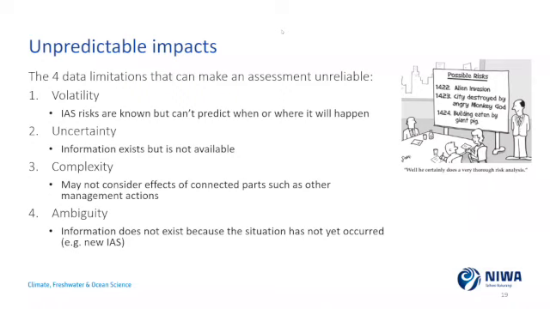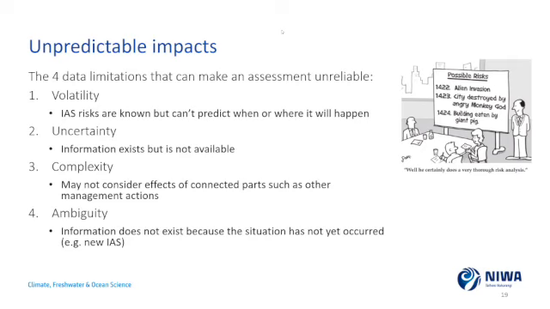So we're suggesting that it's useful to categorize the problems with the information because this has implications on whether you can deal with them or how you might reduce them. So there are 4 types of issues here. The first one is volatility, and that's where we know there's a risk, but we can't predict where or when it's going to happen. So we don't know exactly where or when that incursion is going to happen.